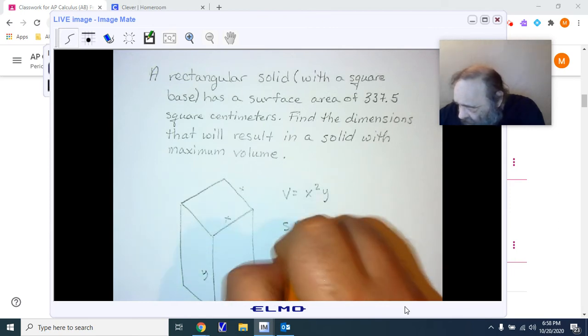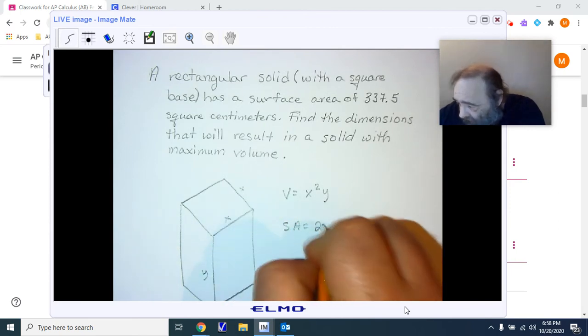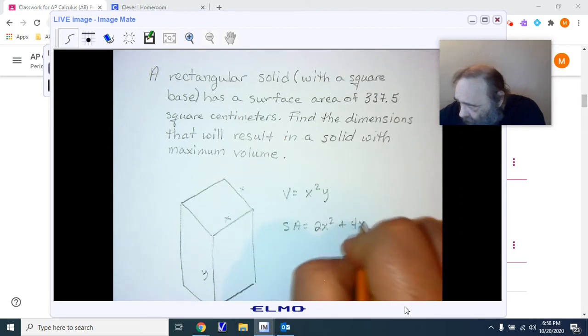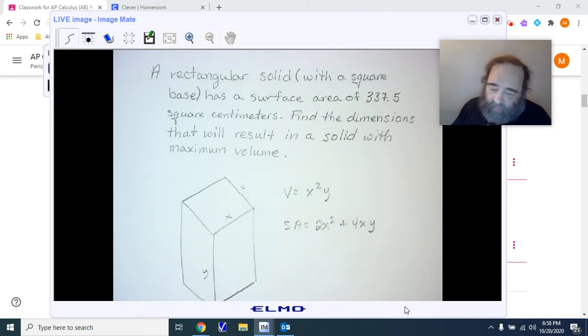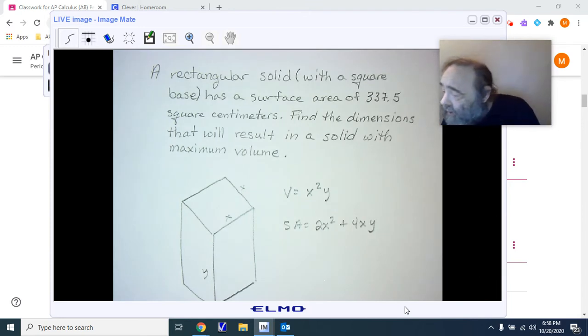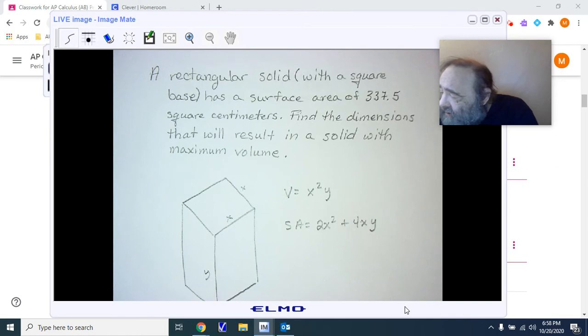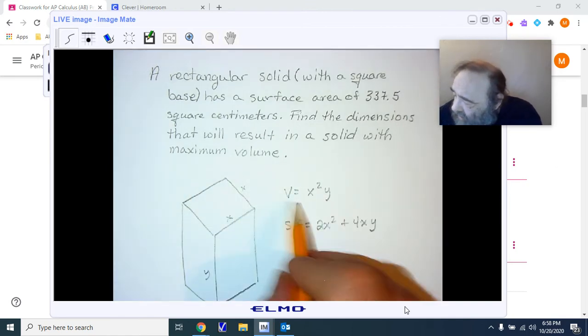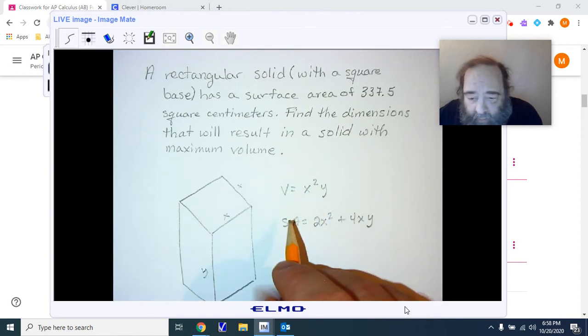And my surface area is 2x squared for the top and the bottom, and 4xy. So if I'm trying to find the dimensions that will yield a solid with the maximum volume, this is what I have to work with.